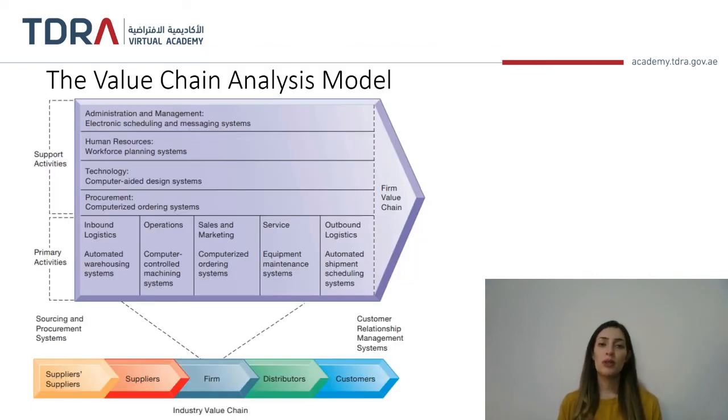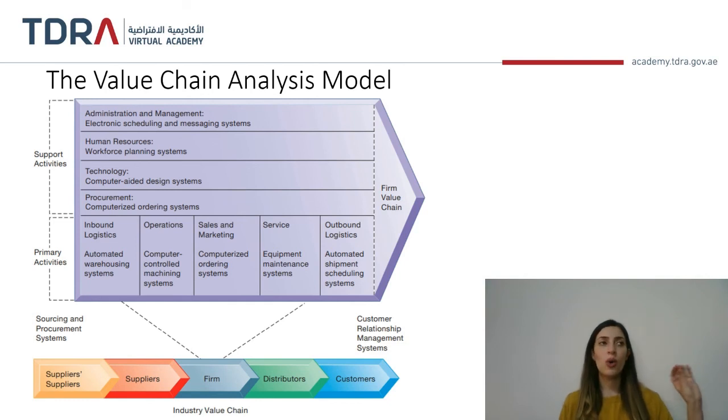Okay, I'll talk about the value chain analysis model and what to consider in order to create value added products and services for customers. Please look at the bottom of this slide on the industry value chain. We have arrows that start with suppliers, then suppliers, then the firm. With respect to the firm, it has suppliers, and my suppliers, let's say as a firm, have their own suppliers as well.